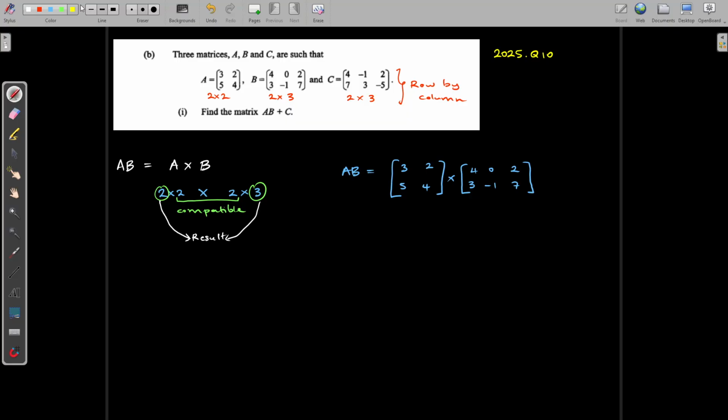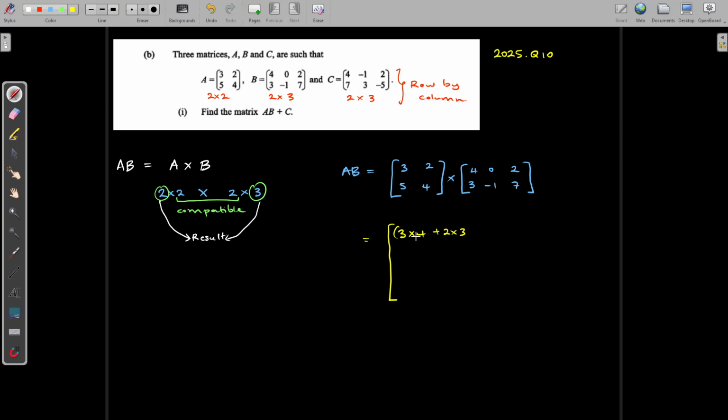What will happen is that we're going to take the first row and use it to multiply all the columns in this matrix first. So it's going to be 3 times 4 plus 2 times 3.